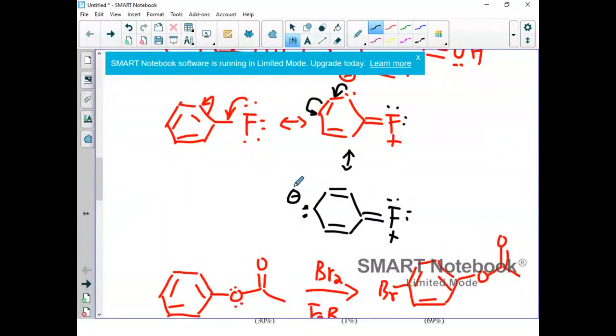See, the negative charge can, by resonance, go all the way to the para site. And this para site doesn't suffer much from the inductive effect from fluorine because the site is at the longest distance to the fluorine. Okay, so that's why fluorobenzene heavily prefers para substitution.